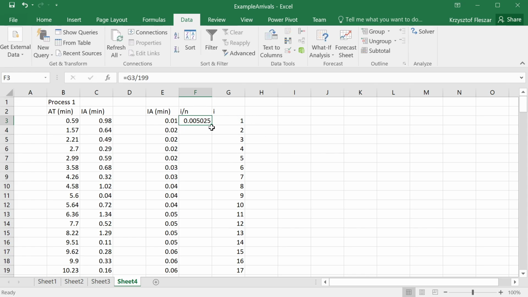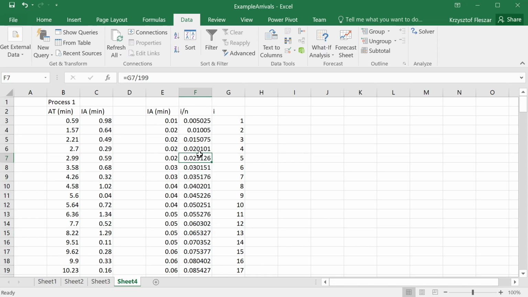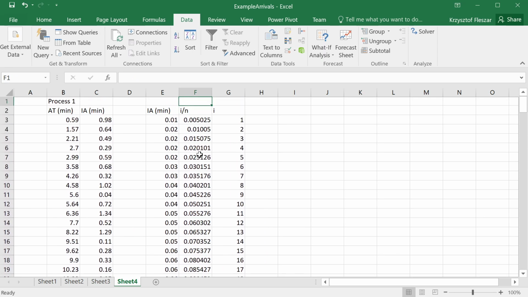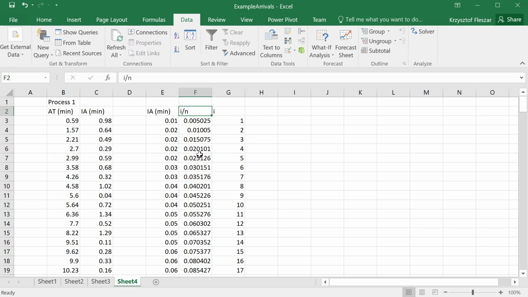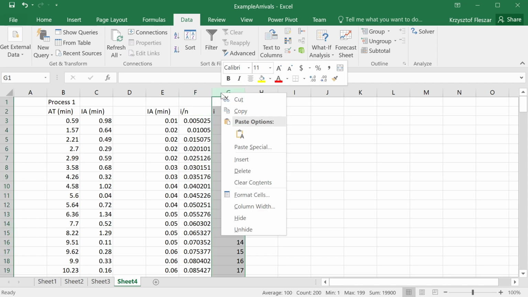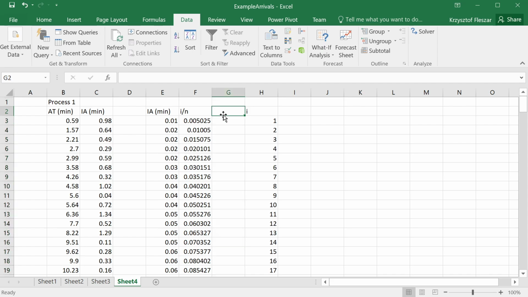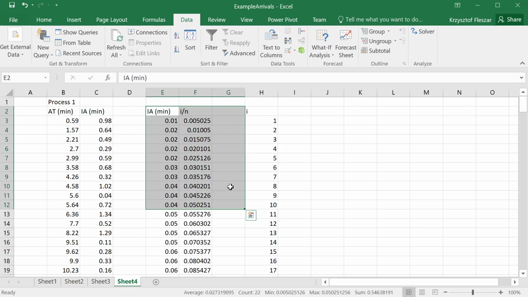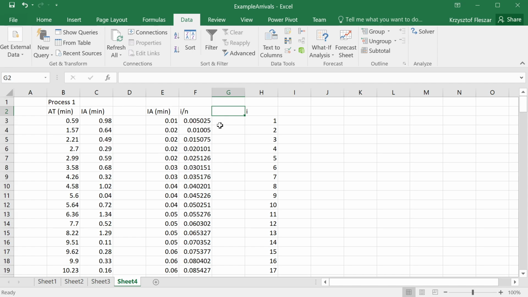You could automate it. So these are the values. And the last thing I need to do is, this is my empirical distribution that I have now, but I also want to calculate what would be the theoretical distribution. So again, I will insert a column here for the theoretical distribution, just to have these three columns next to each other for easier plotting.